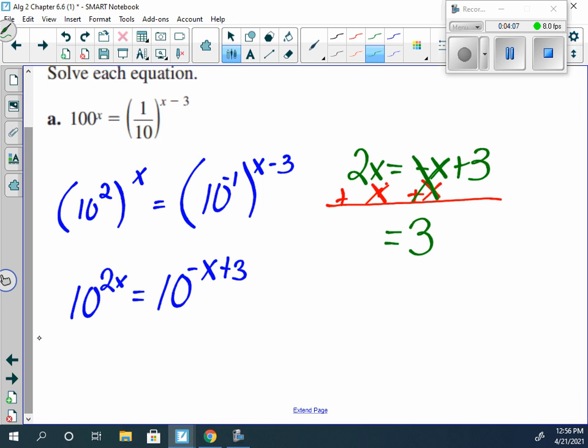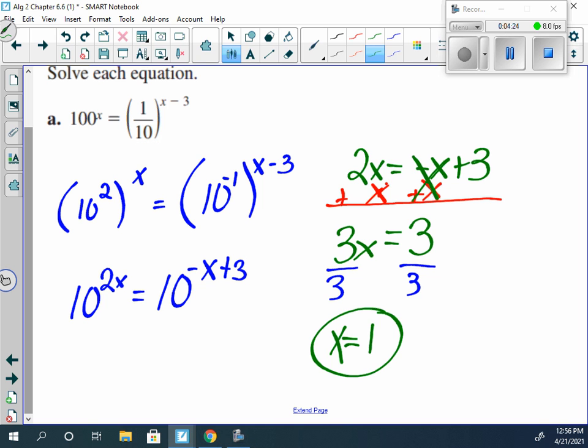And 2x plus x is 3x. And last but not least, we can divide both sides by 3, which tells us x is equal to 1. And that's it.